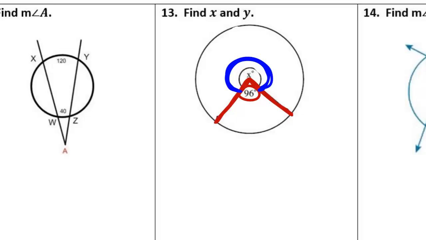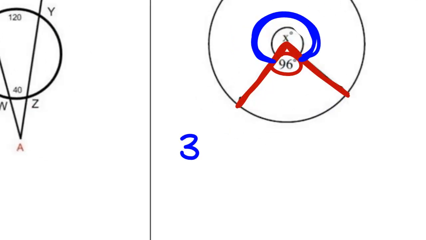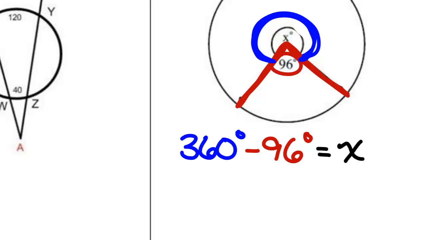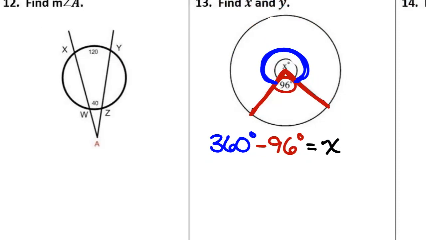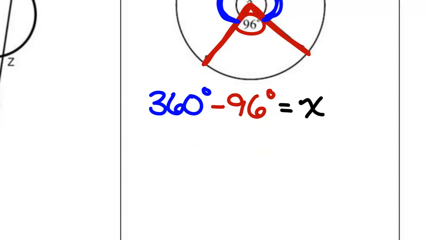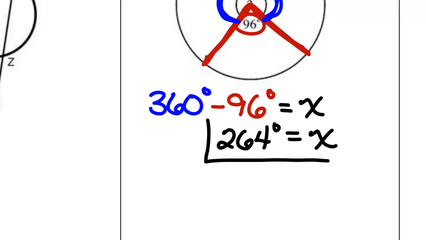Absolutely correct, 360 minus 96. That equals x. What is 360 minus 96? 264. So x is 264 degrees. That is the first thing they asked me for.